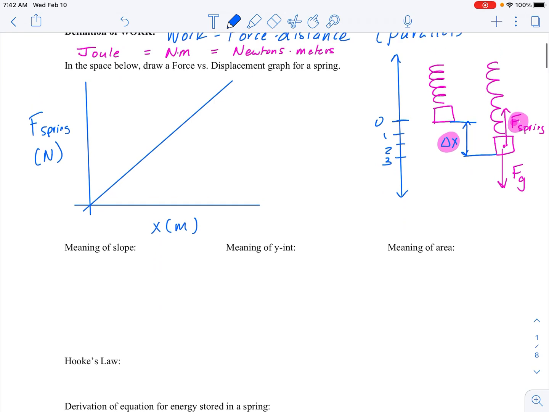Okay, and I'll refer you back to the lab for more context on that. But basically, the slope, which is rise over run, is going to be, well, actually, the change in force over change in position. And that's going to be a value k, which we're going to call the spring constant.